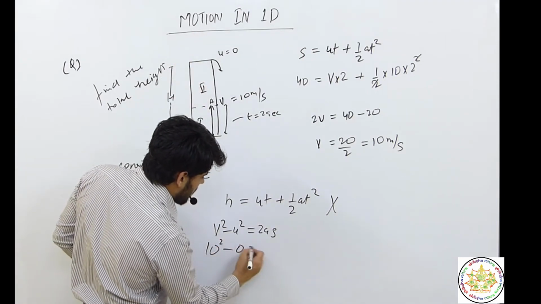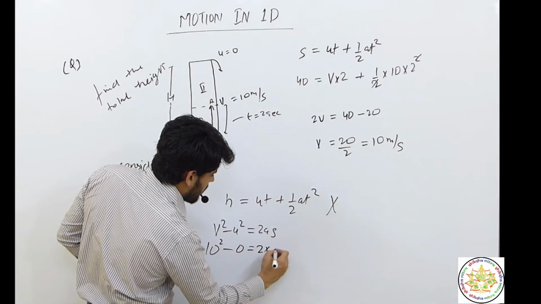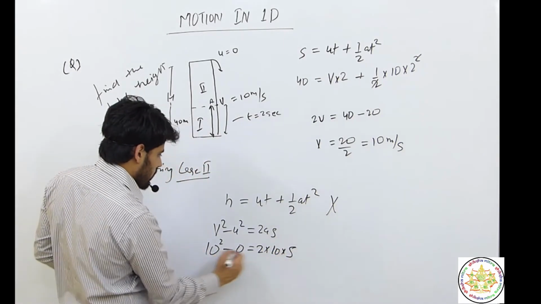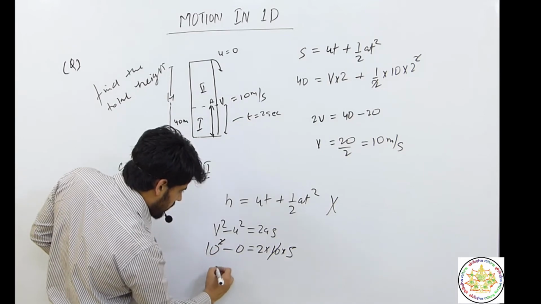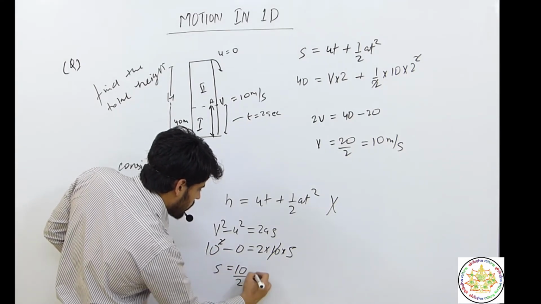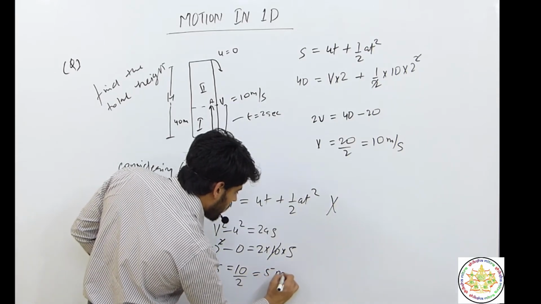0. 10 square is equal to 2 into a, which is same as 10 into s. So 10 cancels, so s is equal to 10 by 2, that is 5 meter.